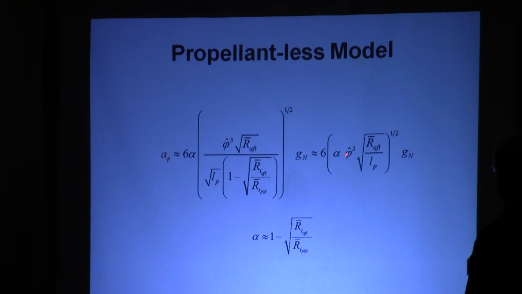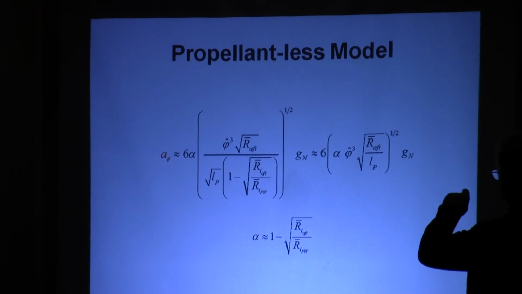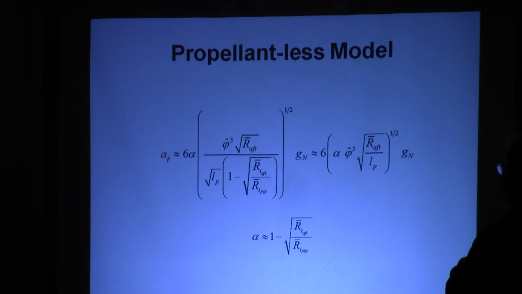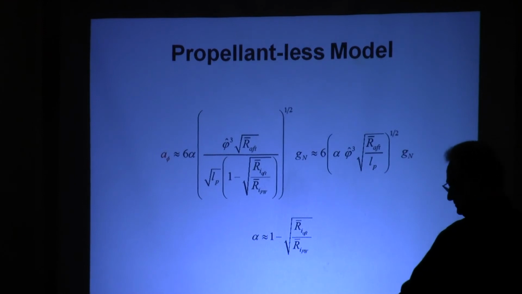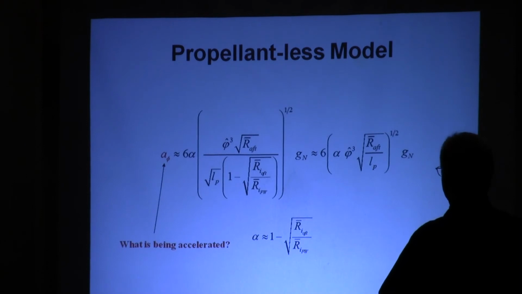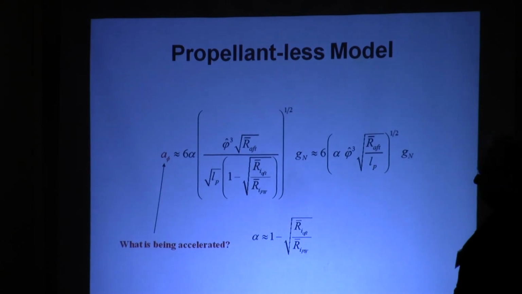Then you just have an alpha function, which a lot of times will be very close to 1; your phase factor, which is a function of how this thin shell is changing around the mass; your radial factor, which tells you how your ship is getting smaller as you're moving; the Planck length; and then your gravitational function. The question is, when you're looking at propellant models, what's really being accelerated?